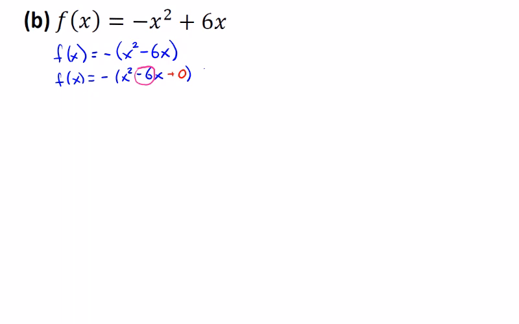You would not want to do this with the original plus 6. You'd want to do this with the negative 6 that we have there at this step where the plus 0 is. So we'll take negative 6, divide it by 2, square it. So that's going to be negative 3 squared, which will end up resulting in positive 9.